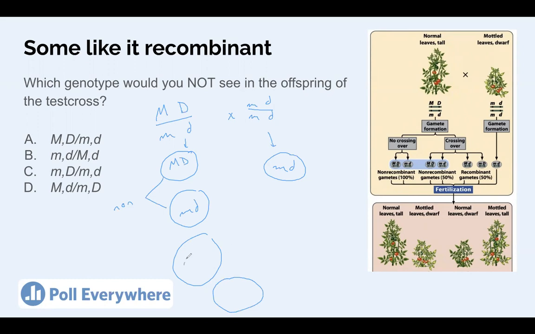Or you could have big M with little d or little m with big D, and these are the recombinant. So it's meant to be a little bit tricky, where you have to sift through and decide what you're trying to look for.